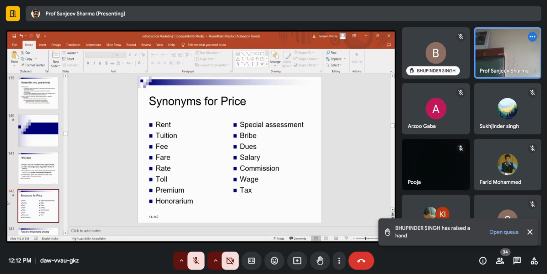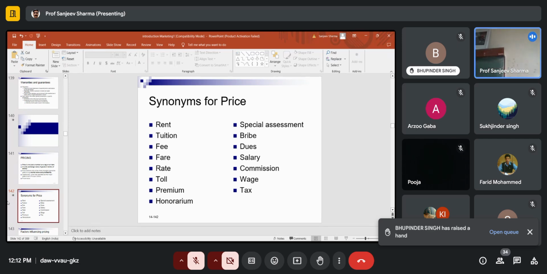Third is markup pricing. Markup price, incremental price, and maximum retail price. What is the difference between them?